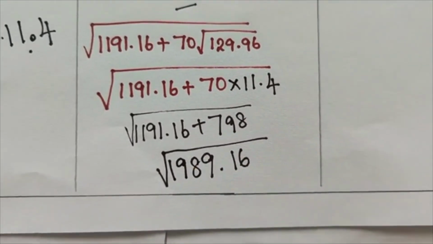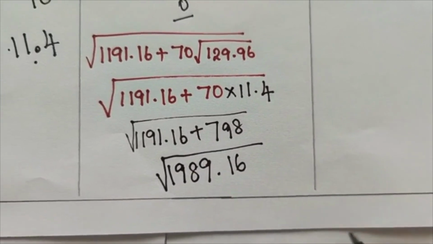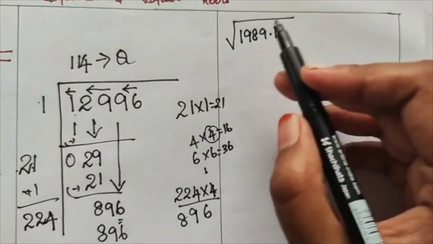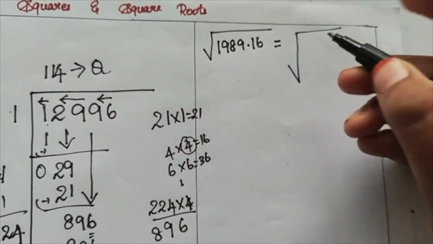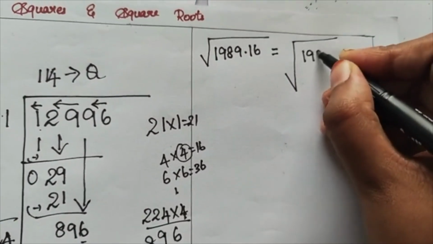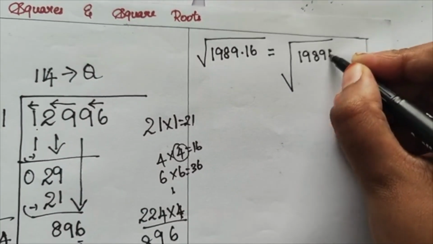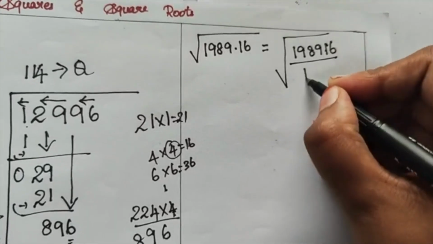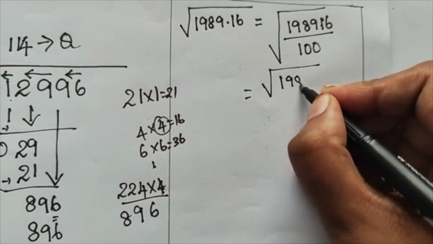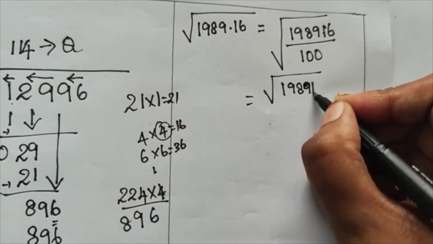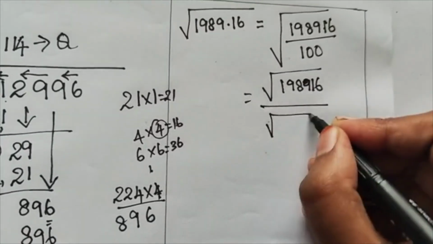So 1989.16 again is a decimal. Let's convert this to a fraction. So 198916 by 100. So this can be written as root of 198916 by root of 100.